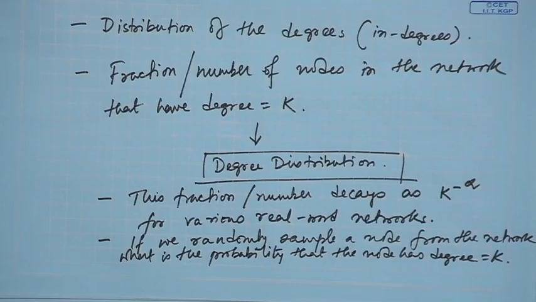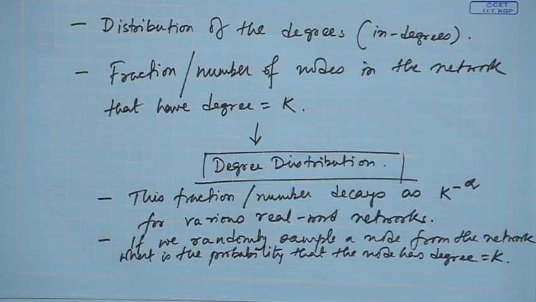This is another way of reinterpreting degree distribution. So, you toss a coin and you randomly pick a node from the network, and the probability that this node has a degree k is expressed by the degree distribution.